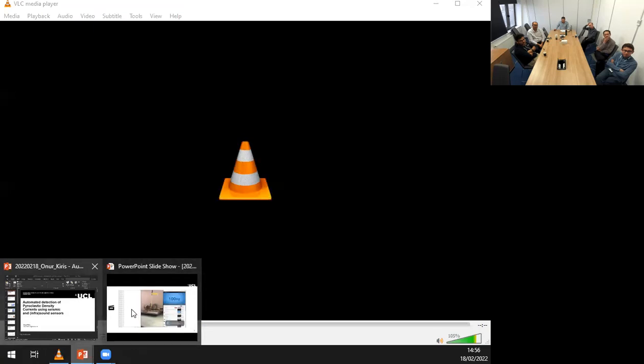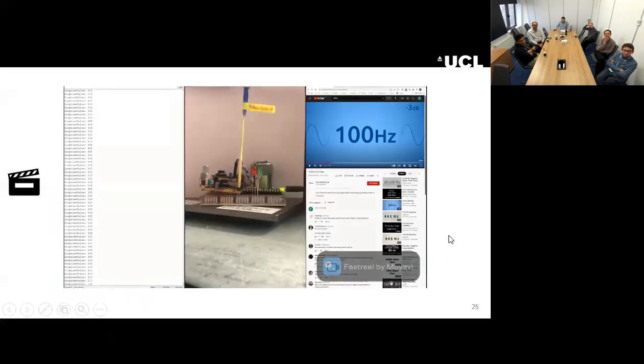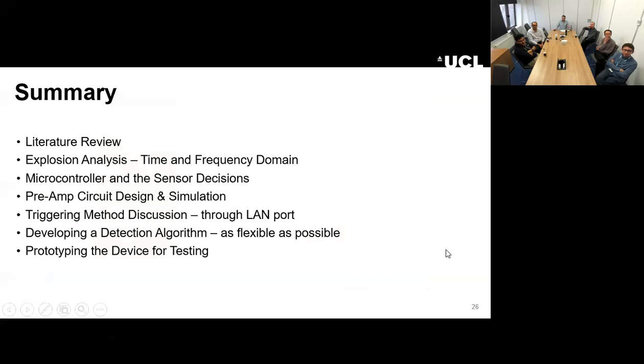As a summary, what I've done so far is a literature review, and some time domain and frequency domain explosion analysis. And we decided the microcontroller and sensors that we are going to use. Also, the amplifying circuits for both the microphone and geophone were designed, simulated and fabricated, so we are using them.